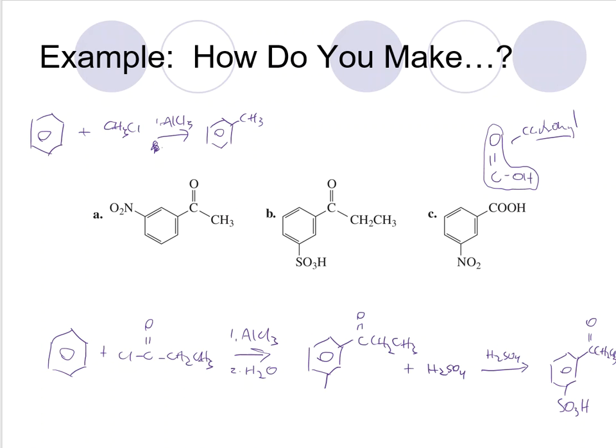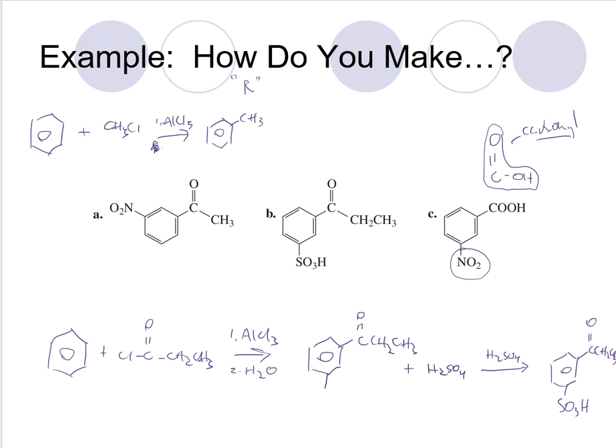Now, the trick here is to realize this group, as it's written, is an R group, and an R group is an activator, and an activator goes O and P in order of directors. And on C, I need a meta. It is a meta all over again. So this is not going to work.